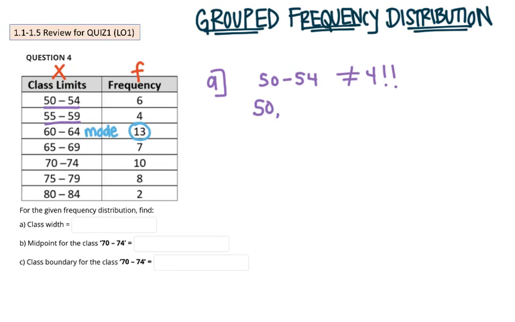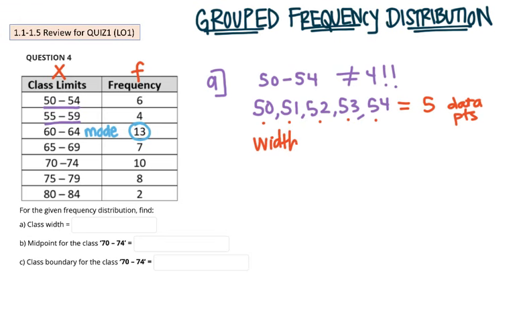Because in this class, you've got the number 50, 51, 52, 53, and 54. So if you count 1, 2, 3, 4, 5, there are 5 data points in that class. And so you'd say the width in this case is 5. So you must include both endpoints.